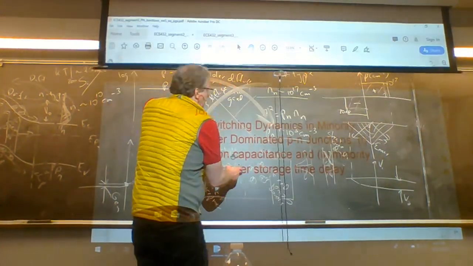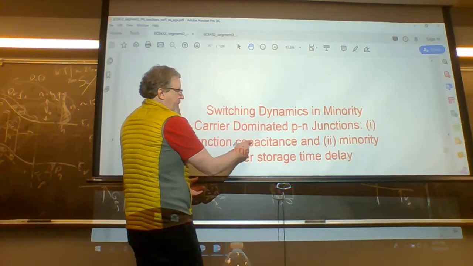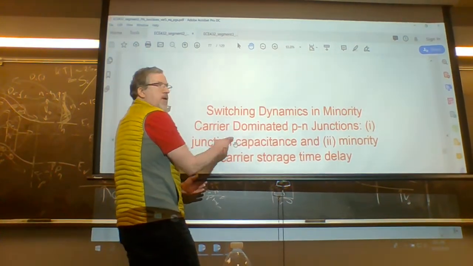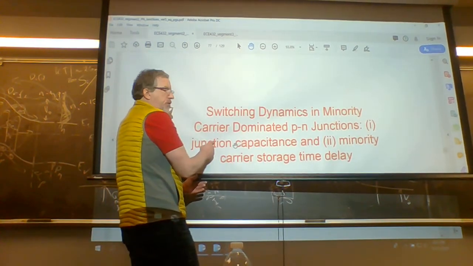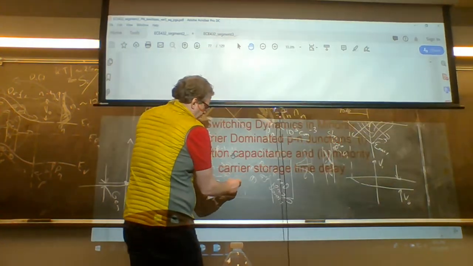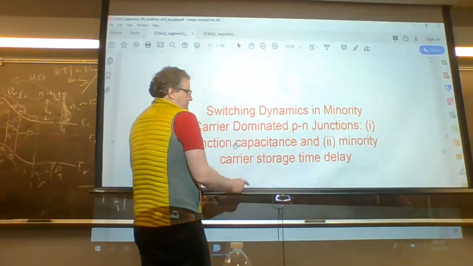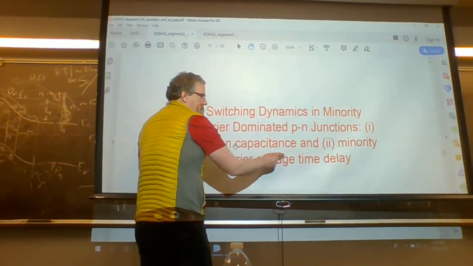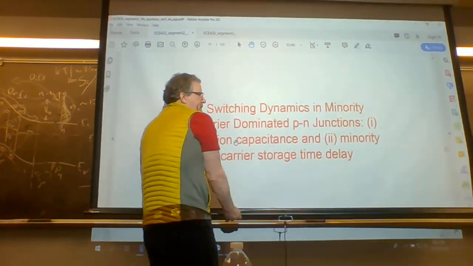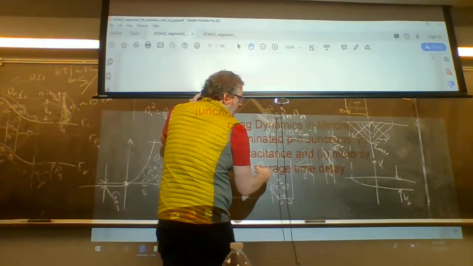And in this case, junction capacitance, well, to give it away, junction capacitance is talking about the junction. So, therefore, it's the junction of the dipole of the junction. And the minority carrier storage is talking about minority carriers. And where's the minority carriers? Well, they're outside the junction.